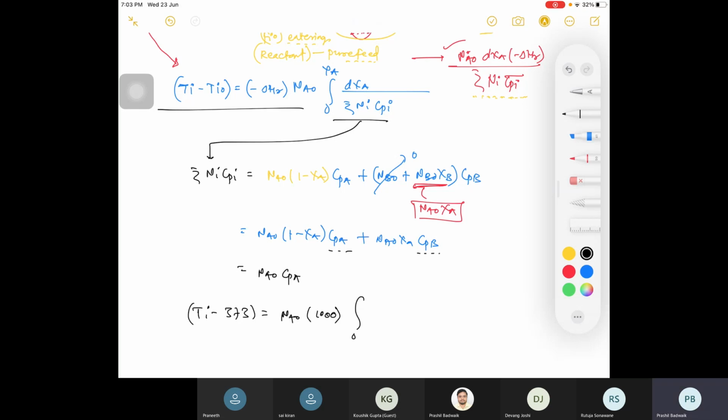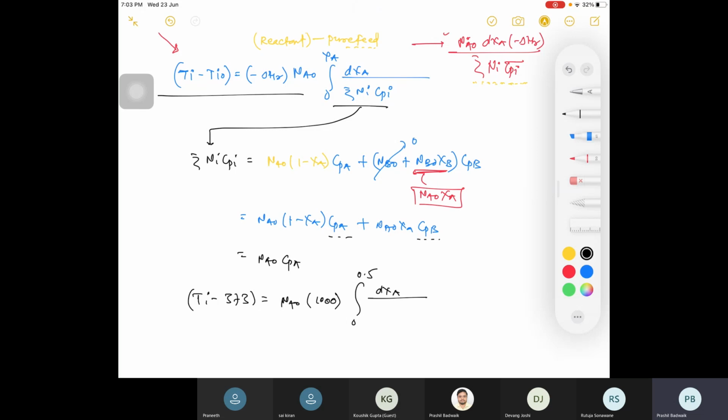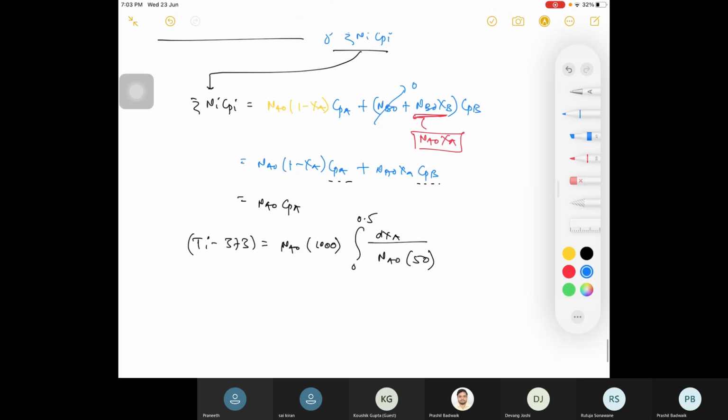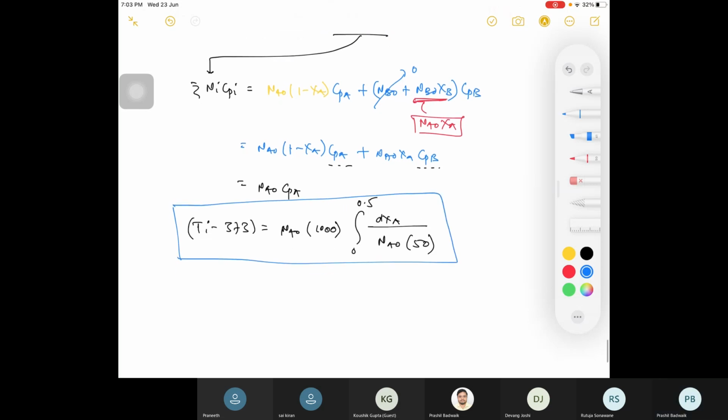And Xa is equal to 0.5, which is given, dXa divided by your minus this total term. This total term is your Na naught into your 50, that is your Cpa. Can you find out this integration? Can you solve this?